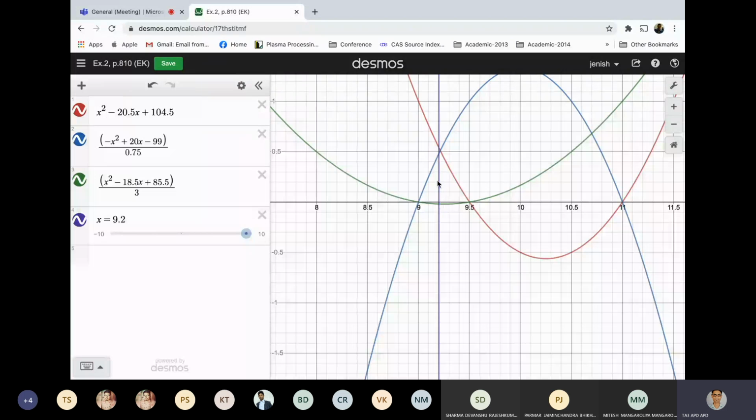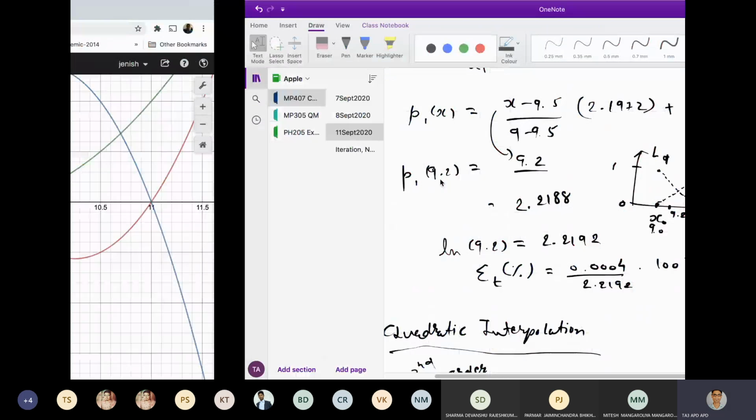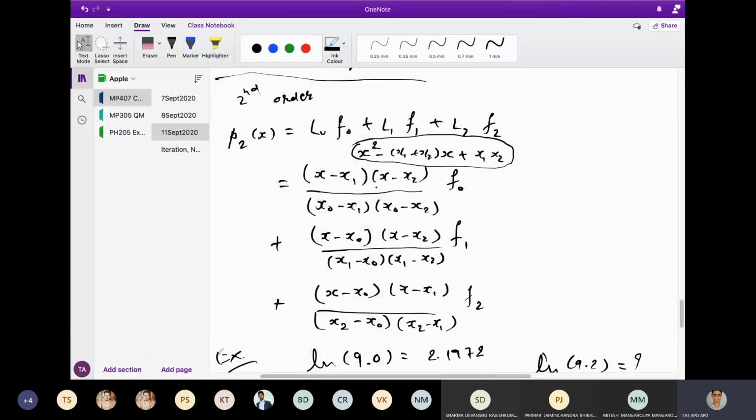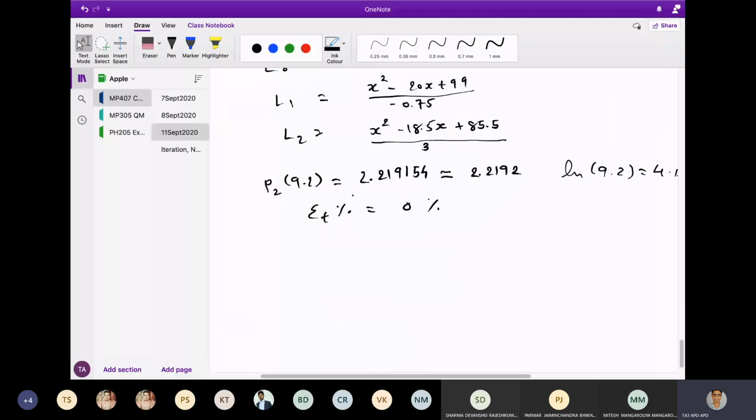So your value should be somewhere over here. That is how one can estimate values by Lagrangian interpolation of first order, second order, or even third order.